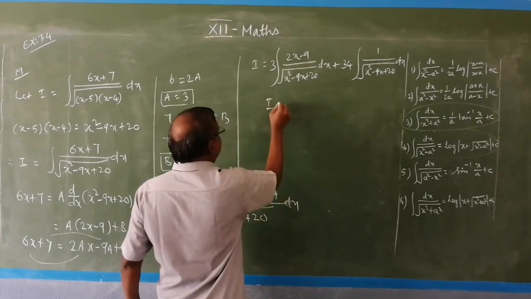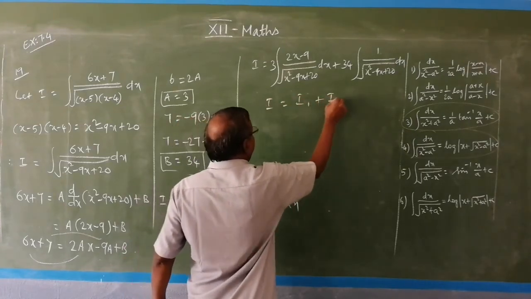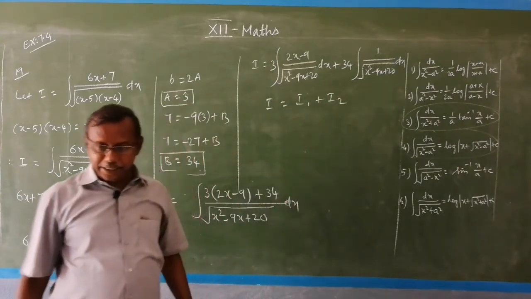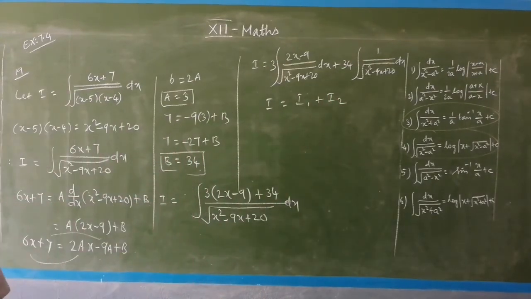Let us consider I equal to I1 plus I2. So, the first part is I1 and the second part is I2. We can separately integrate and combine together.